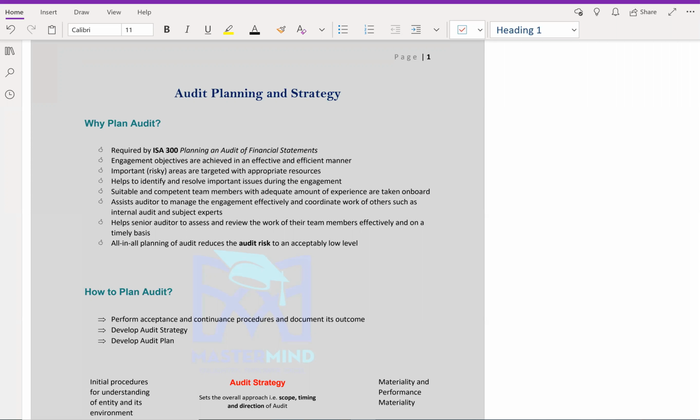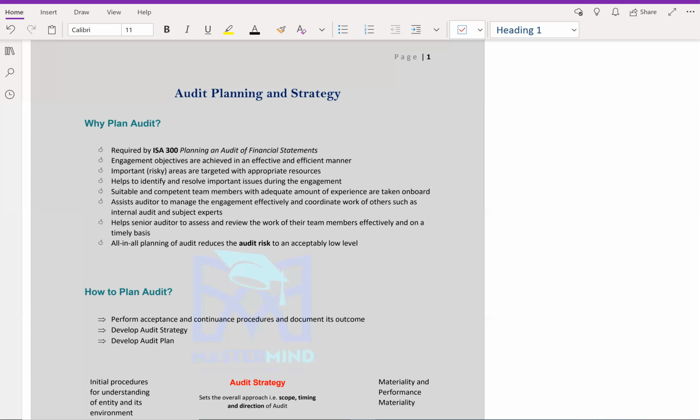Assist audit to manage the engagement effectively and coordinate work of others, such as internal audit and subject experts. Obviously, the point is that when you're auditing, like I told you guys earlier, you have just maximum 3 to 4 months to audit a particular company, right? You would obviously use, and you can use experts or internal audit to perform certain tasks, or tasks they've already performed.